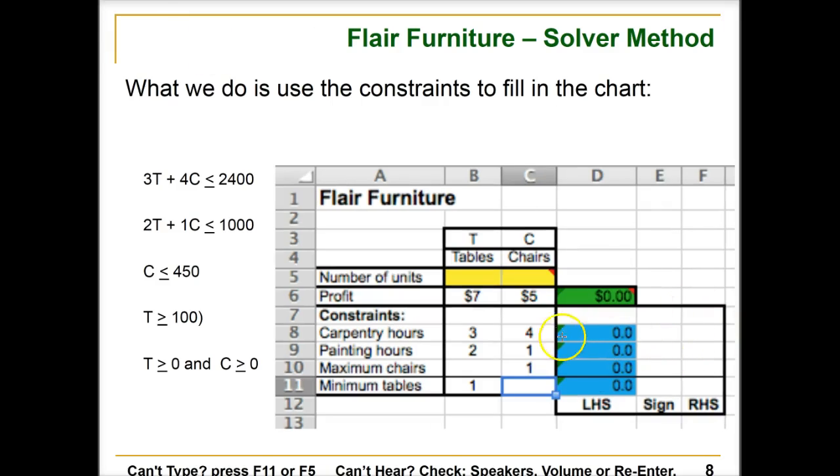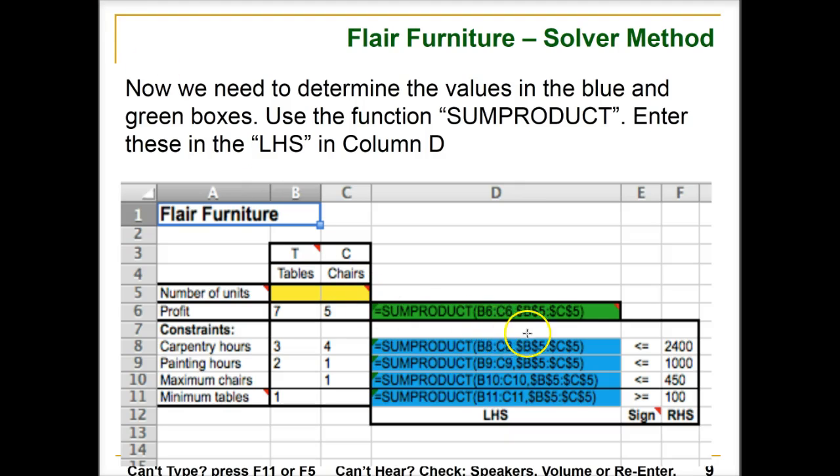And if we plug everything in, this is what it would look like, okay? Let's move forward here. This is what you would actually be entering as far as the formulas are concerned.